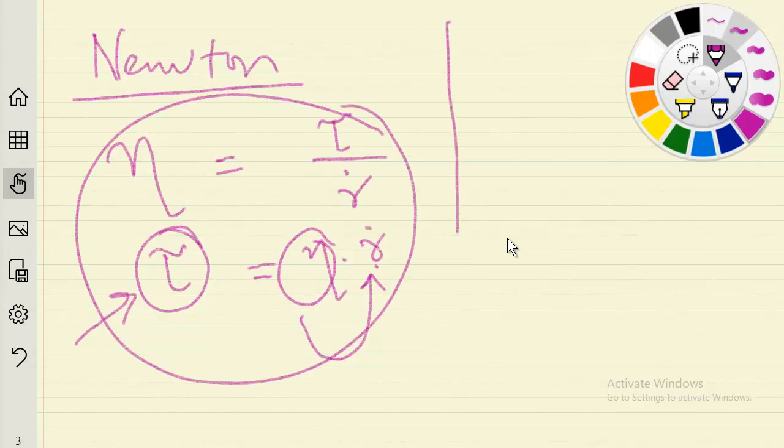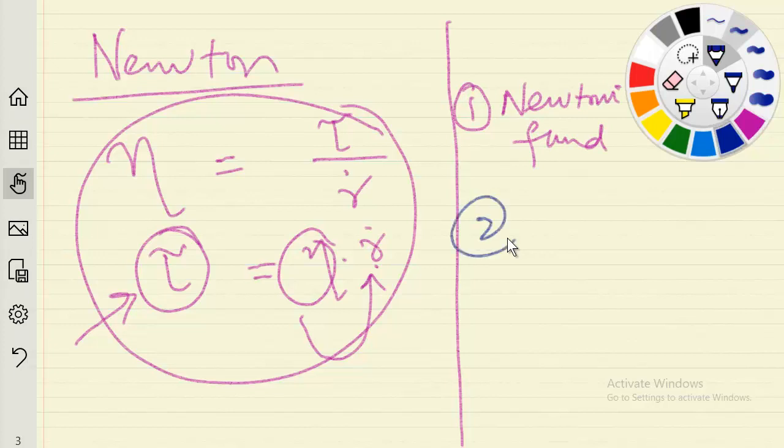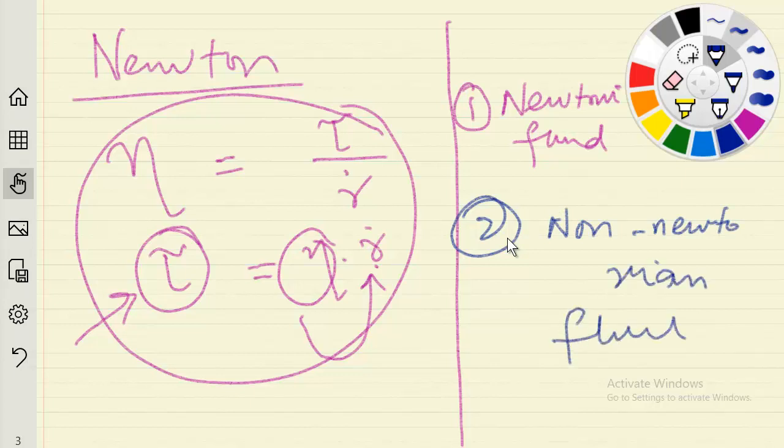We can divide all the types of liquids into two categories: one is Newtonian fluids, and number two is non-Newtonian fluids. Just remember this particular expression in your mind.